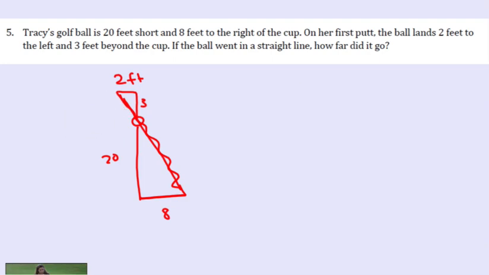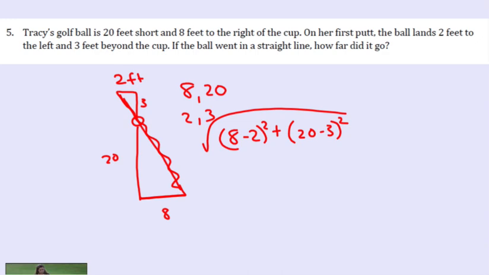So my 2 points become 8, 20. My other 2 points become 2, 3. So I get 8 minus 2 squared plus 20 minus 3 squared, square root of all that. So that becomes 6 squared. This becomes 17 squared.